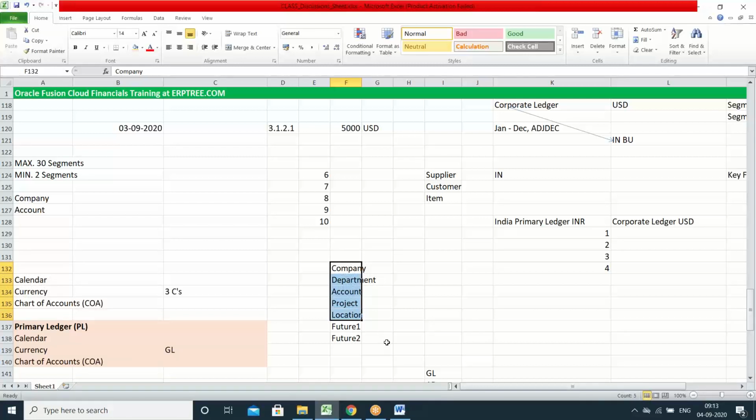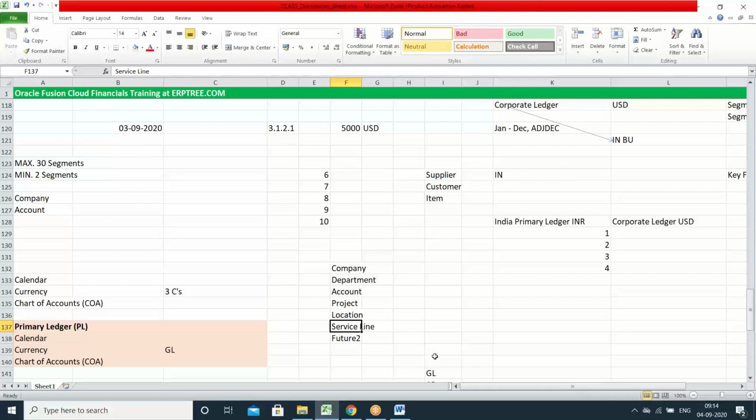In future, they need one more segment, since they are into services and want to capture service line. If they have only these 5 segments, they cannot add it. If they add new segments to the existing chart of accounts, the existing data, everything will get disturbed.